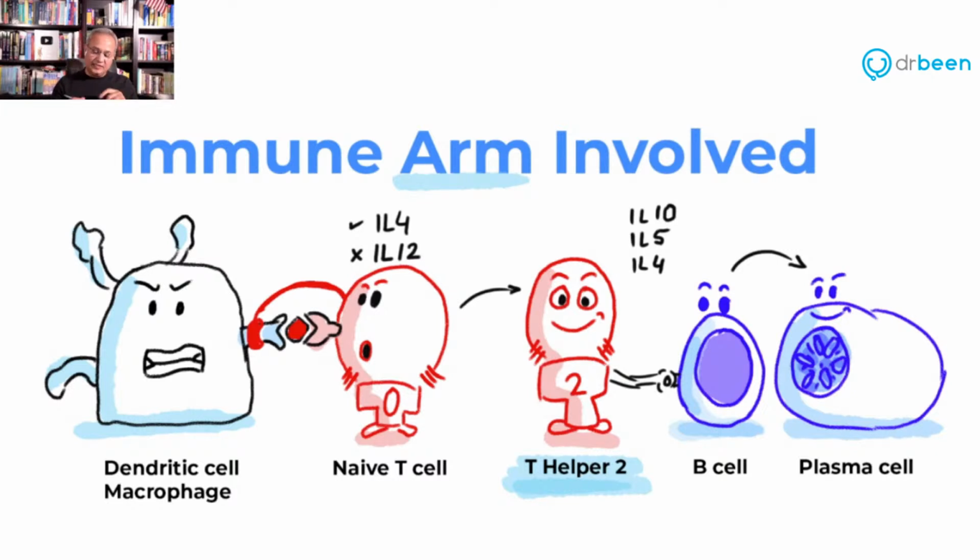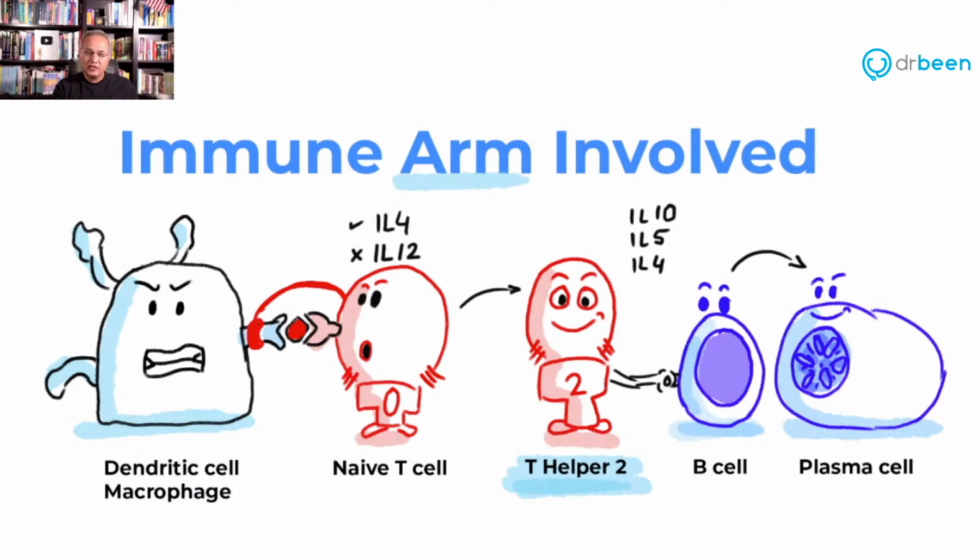Now, details. First of all, what arm of the immune system is involved? We know that we have the innate arm and we have the adaptive arm. Within the adaptive arm, we have the T helper 2 pathway, which is called the humoral pathway, and that is because it makes antibodies which are released in humor. Humor is the fluids of the body.